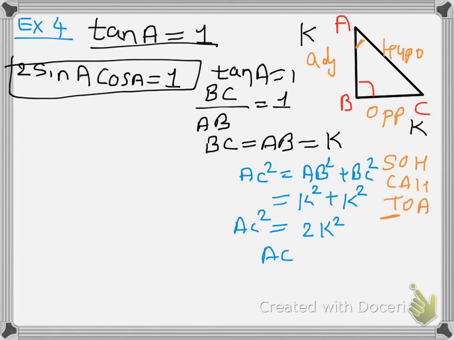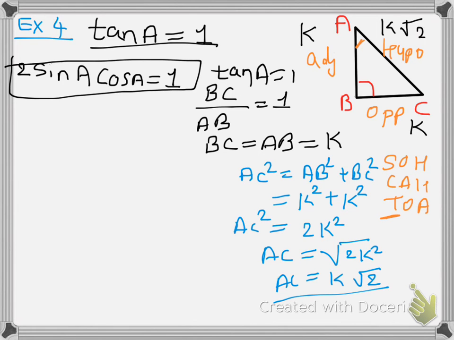What is AC? We take the square root of the entire thing, and the square root of k square is k, and the square root of 2 is square root of 2. So AC is this value, right? Again, we can go in here and fill in our third side, which is k times square root of 2. Now we have all three sides of the triangle, and we can probably try to solve this equation.